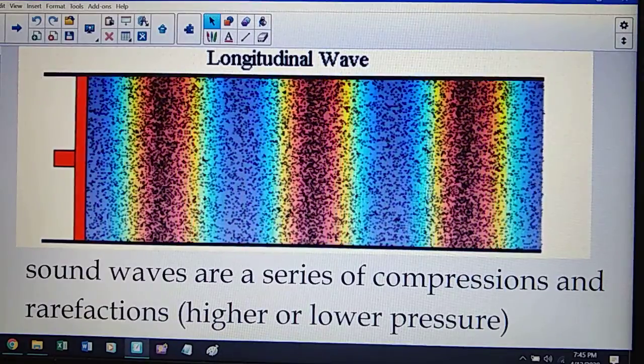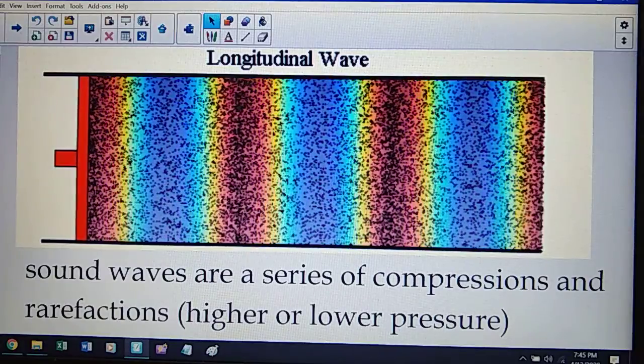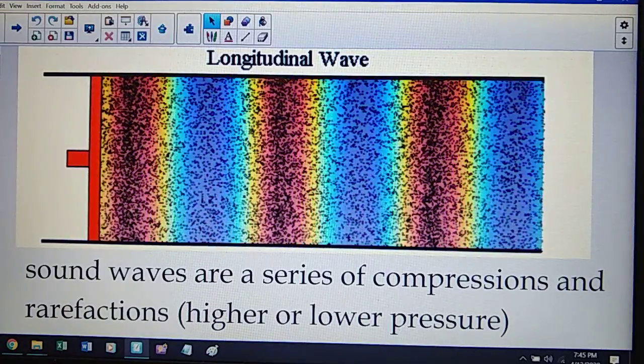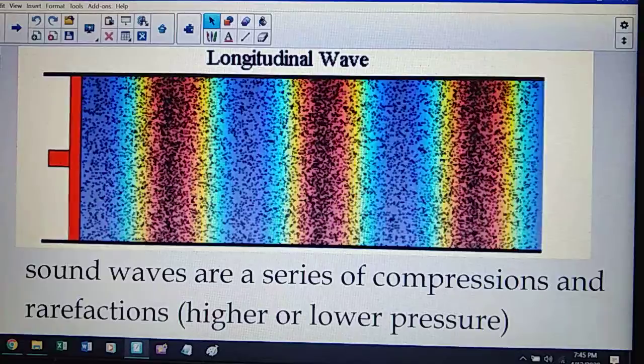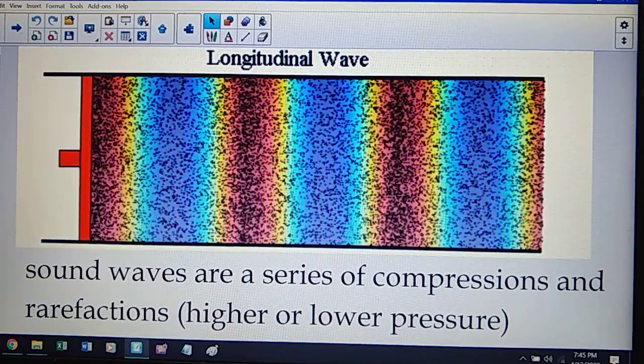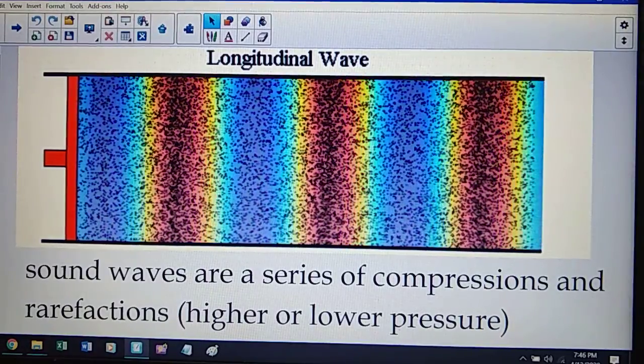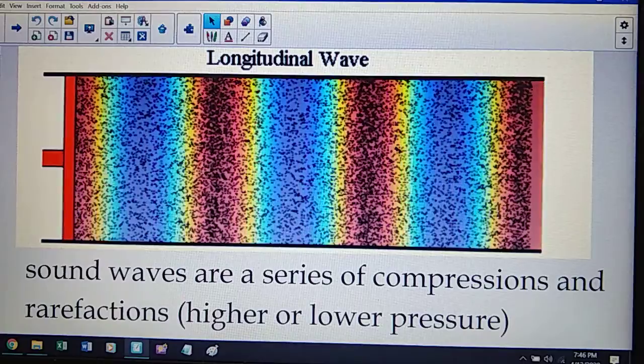Now, if we're talking specifically about sound waves, one of the things we're really talking about here is, again, a compression wave. So longitudinal waves compress the particles together, and they cause a series of compressions and rarefactions. Rarefaction is kind of the opposite of compressing something. It's stretching it out. It's producing an area of lower pressure.